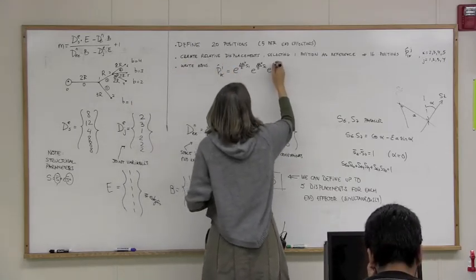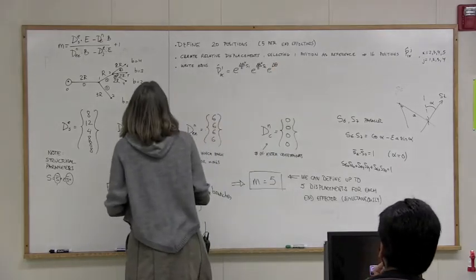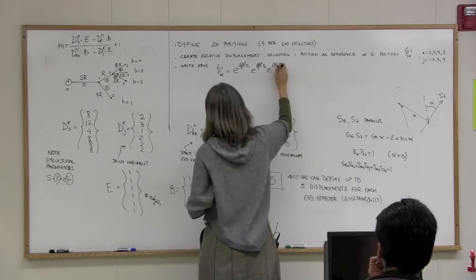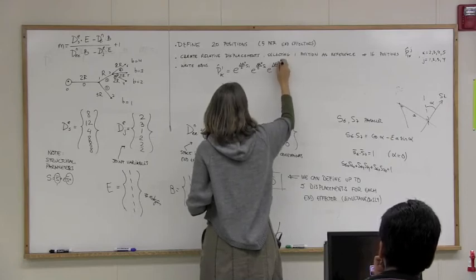e^(delta theta) 3 1 or 1 3, I forgot how we did that. 3 1 k over 2.